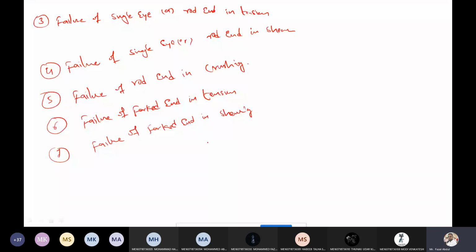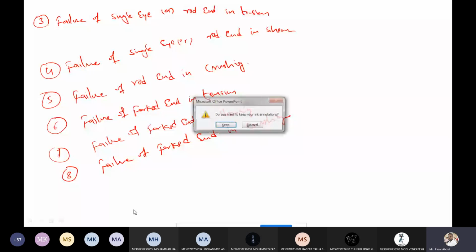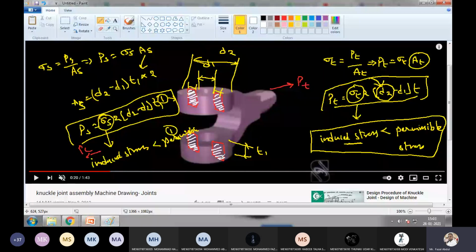Now the eighth one is failure of forked end in crushing. The same procedure over here also. Crushing means the crush area is going to be generated here.